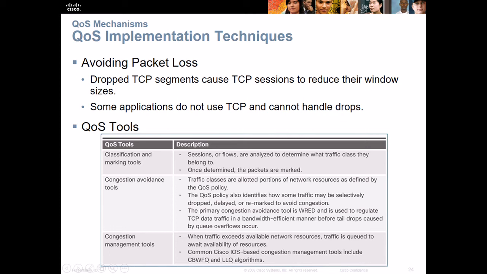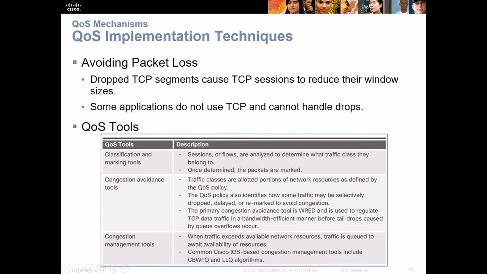When it comes to congestion avoidance, you want to make sure that there is no traffic. You can reserve bandwidth, open up the lane and make sure no one is traveling on that lane. Or you can use the WRED tool, which we'll talk about. For example, if you are a packet that is very small, we can drop you off.